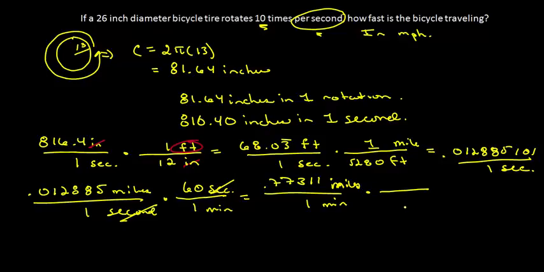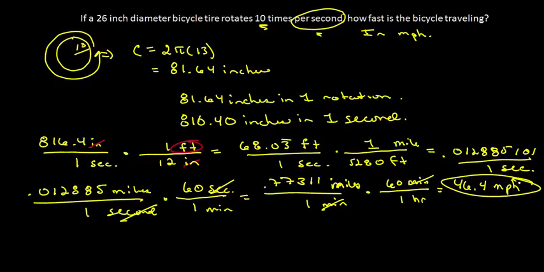Now we want per hour. So we'll put minutes on the top, and there are 60 minutes in 1 hour. So our minutes are going to cancel out, and we're just going to multiply that number by 60, and we're going to get 46 point, I'll say 4 miles per 1 hour. So our bicycle is traveling at about 46 miles per hour.